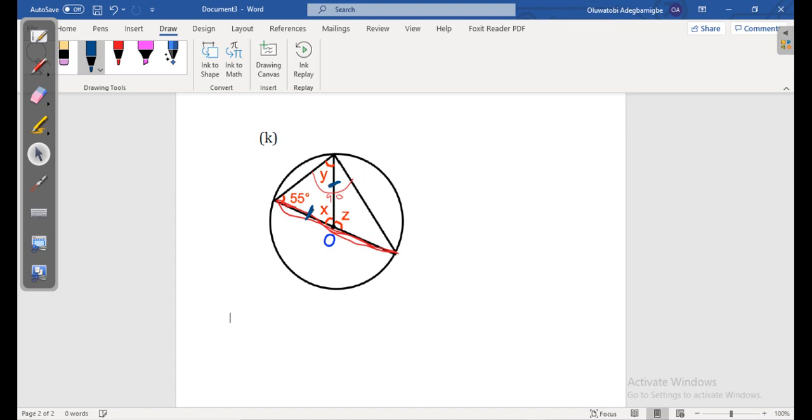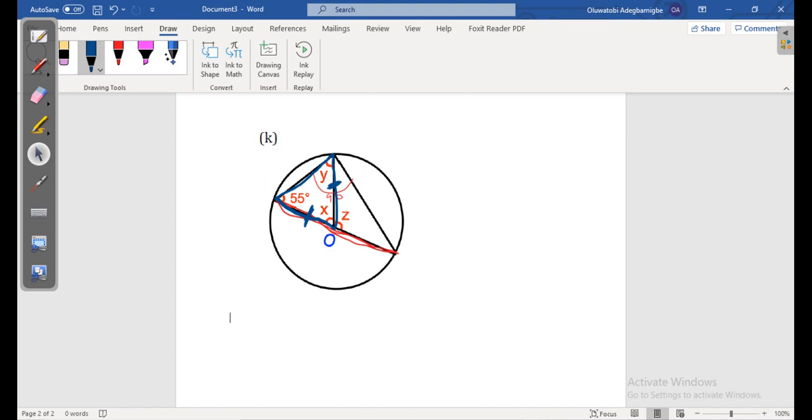And don't forget that in every circle, the value of radius A is the same thing as the value of radius B, same as the value of radius C, and like that. So, which means that this triangle will form an isosceles triangle. That's the implication. So, looking at it critically, since these two sides are equal, it means the angles will also be equal.